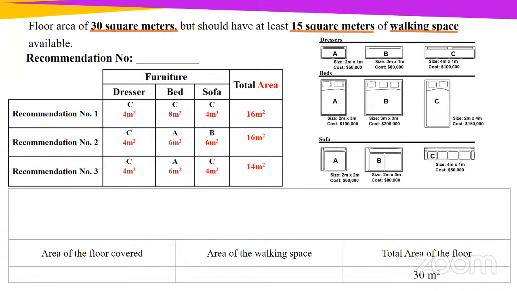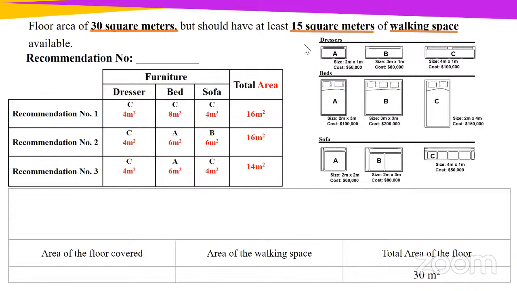All right, let's see if we can get Samson. Let me repeat the question. Boys and girls, remember, based on our information given, the area of the floor is 30 square meters.